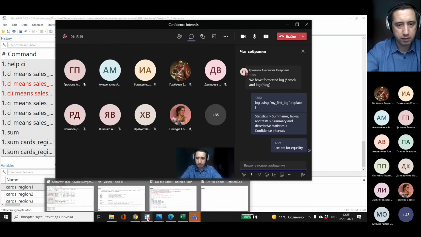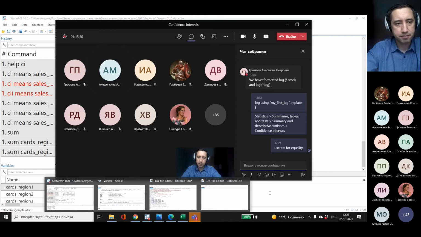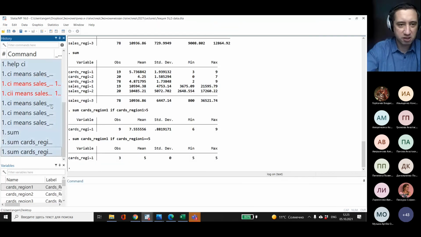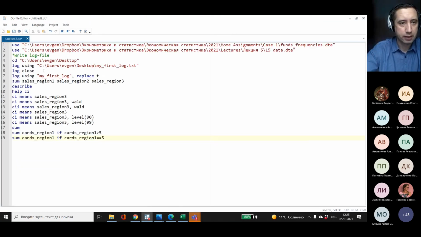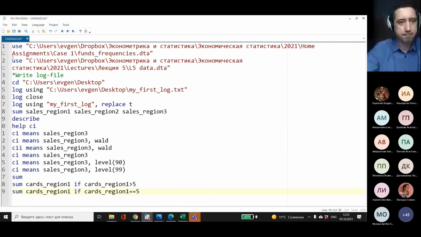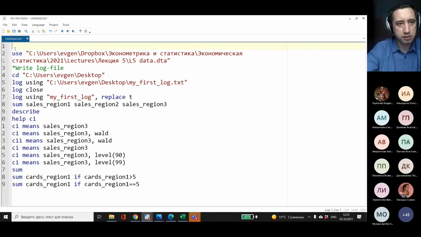Yeah. Good. Next, copy your commands and paste them into this do file editor. Look, here we have the comments you used.